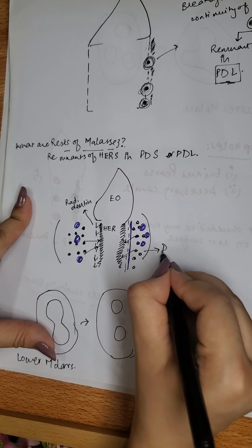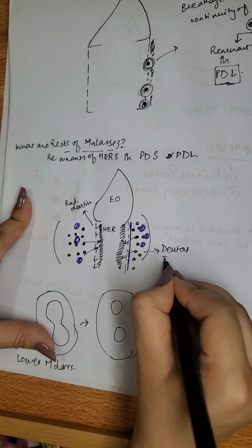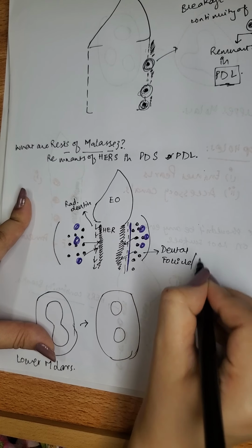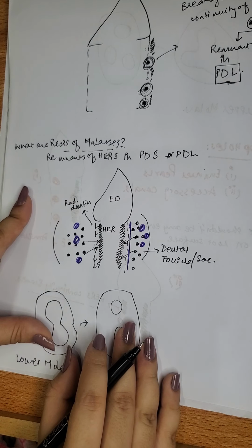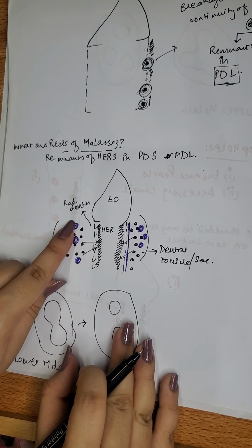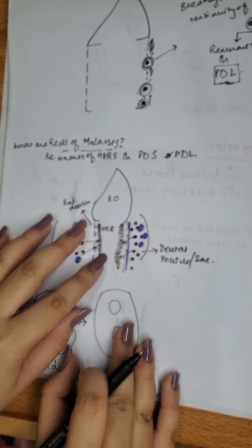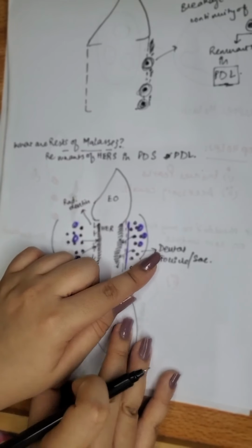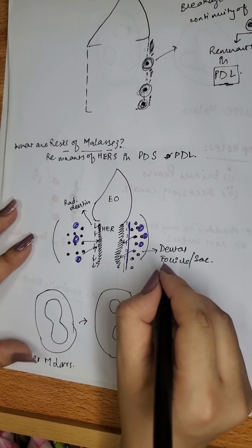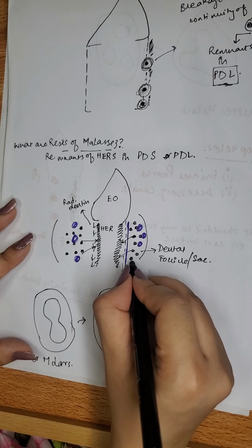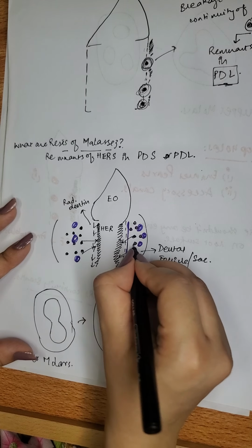This was the dental follicle or the dental sac that was surrounding the enamel organ and the dental papilla, the supporting structure in the connective tissue. This was the connective tissue.